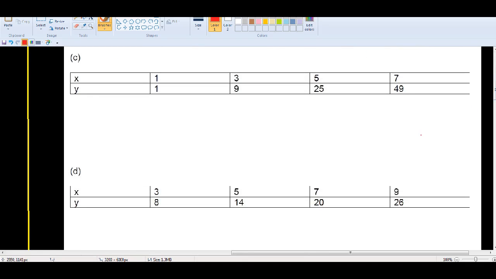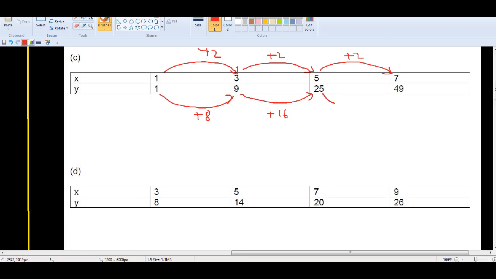Okay, for C, let's see. 1 to 3 is plus 2, plus 2 again. For y, 1 to 9 is plus 8, 9 to 25 is plus 16, 25 to 49 is plus 24. Let's see this one.